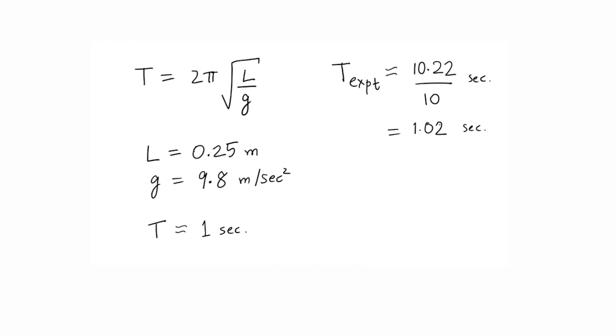You can see that there is very good agreement between what we theoretically expected, which was about 1 second, and what was experimentally measured, which is 1.02 seconds. So, within the experimental errors, there is sufficiently good reason to believe that the assumptions that we made about small oscillations and the equation that we obtained for describing the motion of this pendulum are correct.